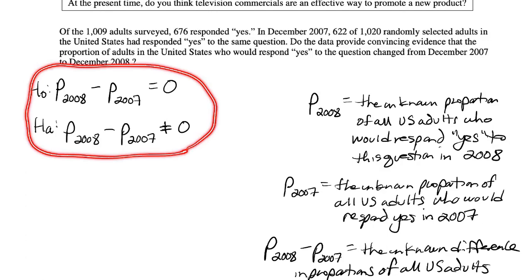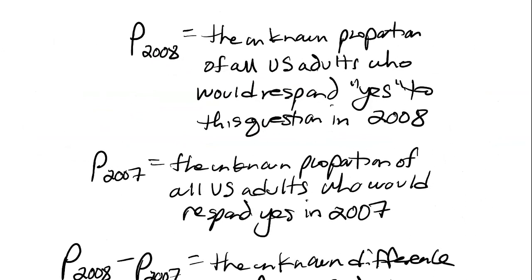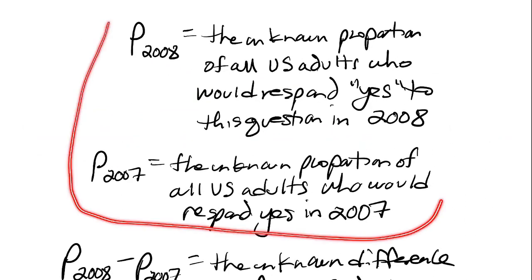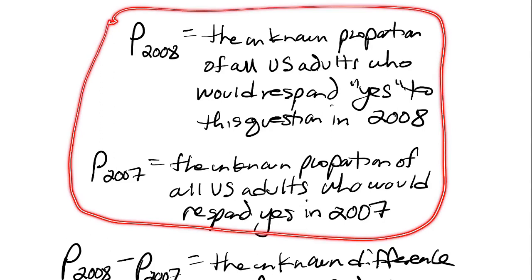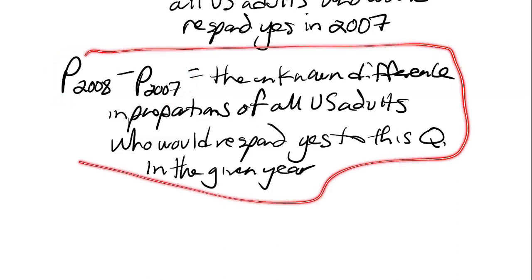You have to define what these proportions are. So that's what I did over here. I did it in 2 different ways. You could define them separately, like this. That's a lot of writing and a lot of repeating what you just said. Or you could define it all at once, defining the difference between the proportions, and then you just have this, a little less writing.